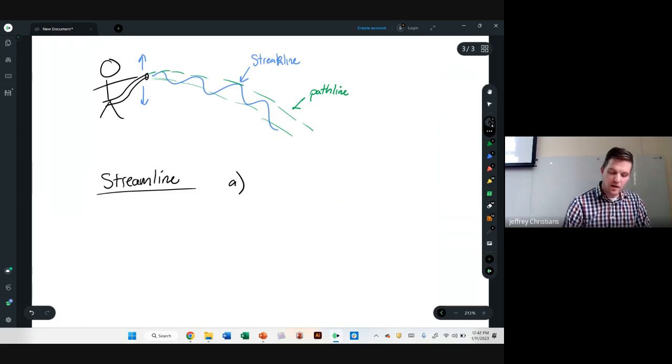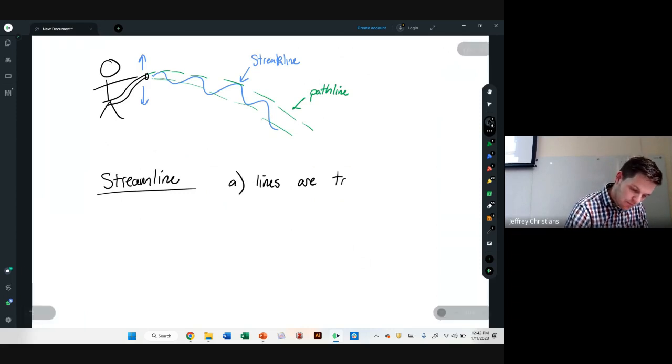Streamlines have two parts to them. The streamlines are tangent to the velocity field.